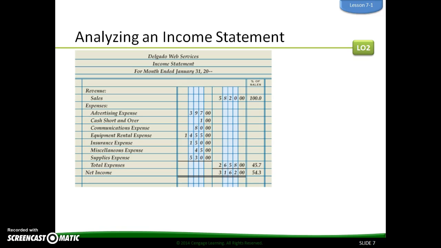Okay. Then we looked at our total expenses to say that our total expenses are 45.7 or 45%.